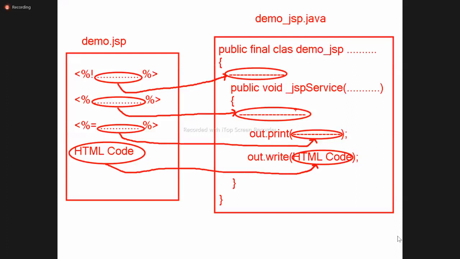So whatever you write in a declaration comes outside the service. Whatever you write in a scriptlet goes inside the service. Whatever you write directly as a parameter comes here, out.print. HTML code goes to out.write, which is nothing but passed to the browser to run. It is printed directly in the browser window.